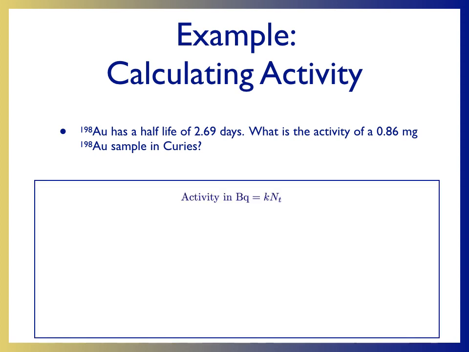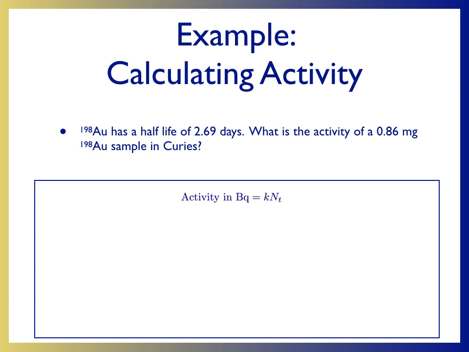To start, we're going to use our rate equation from the previous slide, remembering that the rate is directly equal to the activity of the sample in becquerels. This is equal to the rate constant times the number of nuclei present at time t. To get the activity in becquerels, which can be converted into curies, we need to know the rate constant for the decay of gold-198 and the number of nuclei present in the sample.